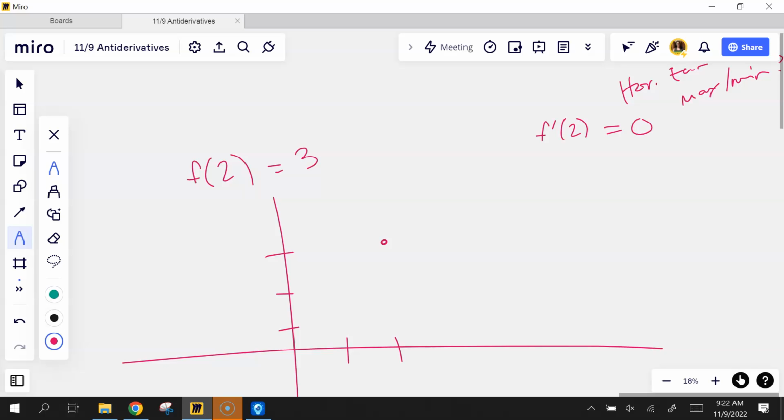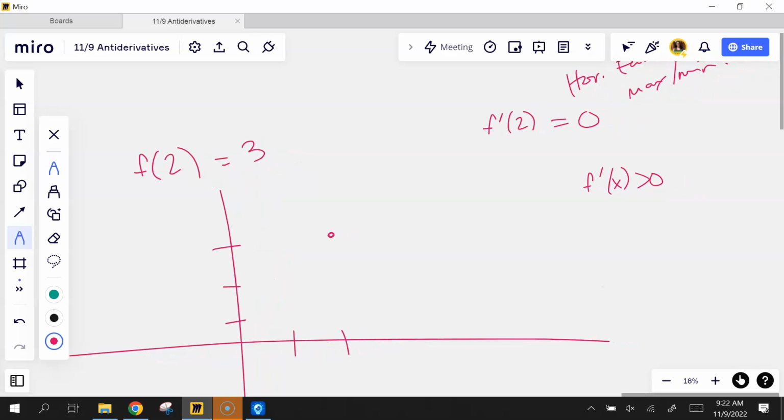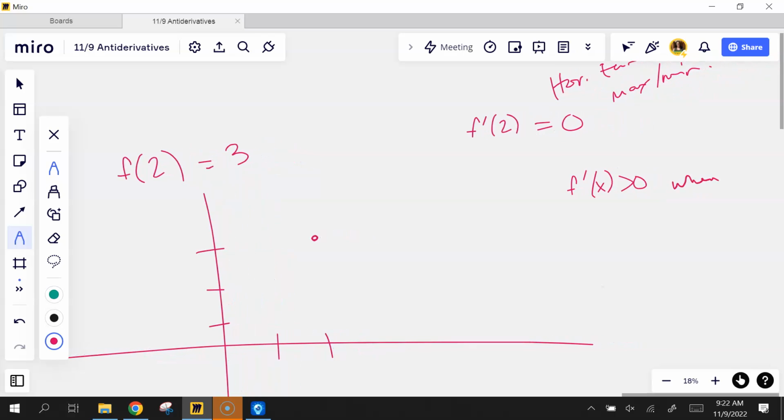So part A says the derivative is greater than 0 when x is less than 2, and the derivative is less than 0 when x is greater than 2. I still think about this on a sign chart because I see everything on a sign chart. At 2 is where it's changing.